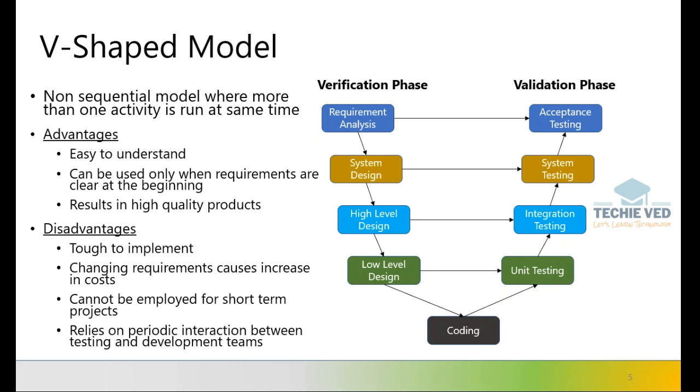However, you also have a direct correlation, where the acceptance test, system test, integration test, and unit testing are looked at in parallel. So you will have your validation of the requirements done even before the coding comes into the picture.